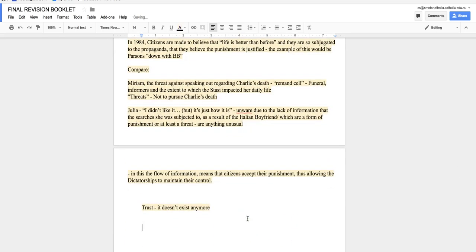I am saying that, because of the threat of punishment, trust no longer exists between citizens, as they are afraid of the likelihood they will be betrayed.